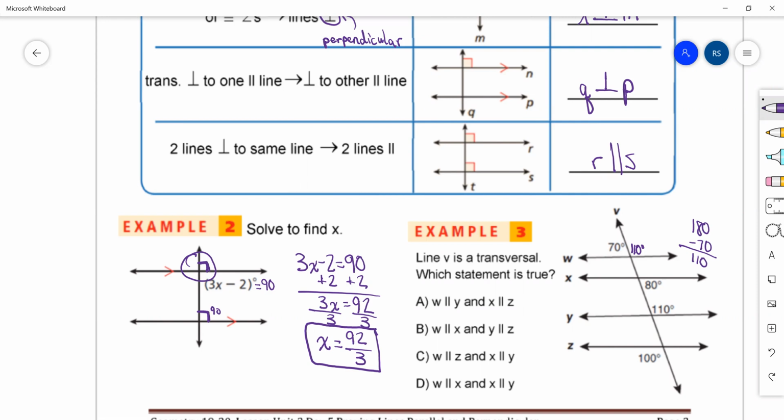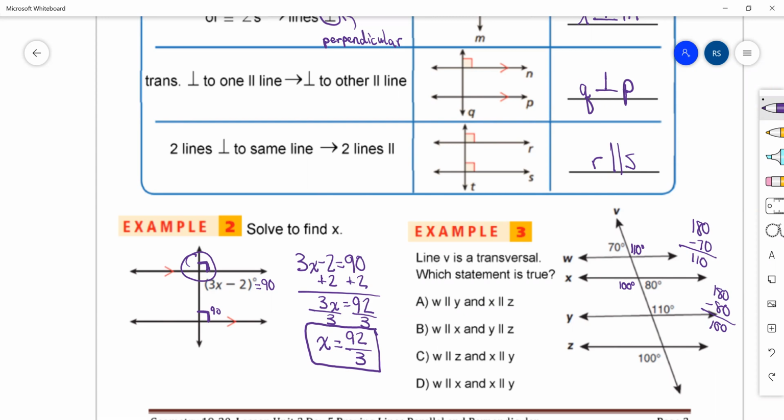Again, go through the same process for x. We have an 80, but we know these have to be 180 together. So do 180 minus 80. Gets you 100. So this is 100 degrees. Now we have enough information.